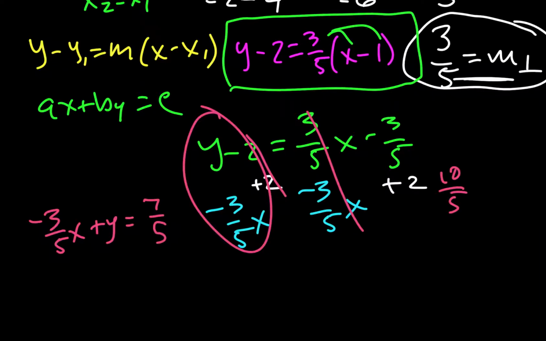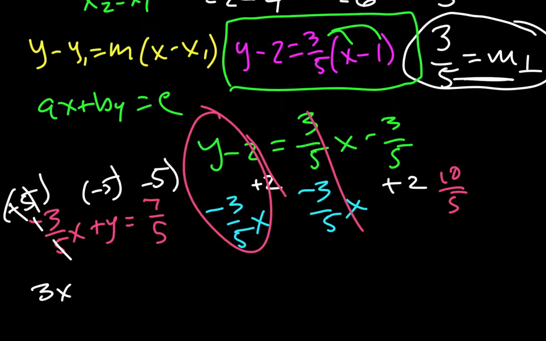So what we're going to do is we're going to times all the parts by -5. So this negative cancels this negative, 5 cancels the 5, so that's just 3x. -5 times y is -5y. And then the 5 cancels the 5, and it's negative times 7, so -7.